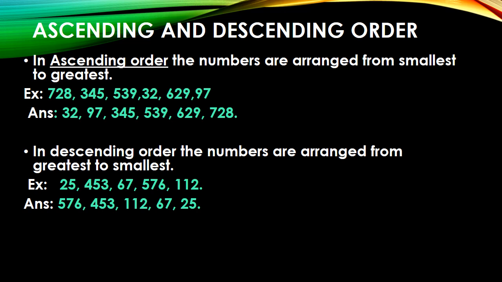Among these numbers, first we'll check for the greatest number, then smaller, then smaller, then smaller. So we will write the numbers as 576, 453, 112, 67, 25. Here the numbers are arranged from greatest to smallest.